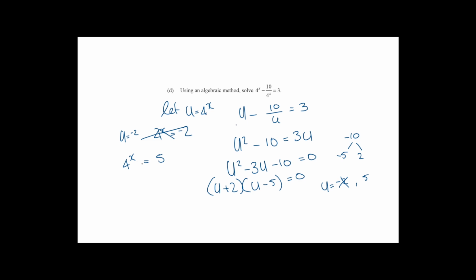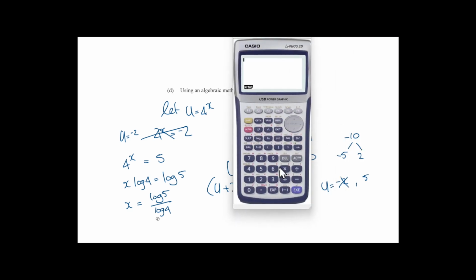The answer is yes, but we're going to need to take logs. So x log of 4 equals log of 5. So x is log of 5 over log of 4, and it's going to be some number. Log of 5 divided by log 4 is 1.16.